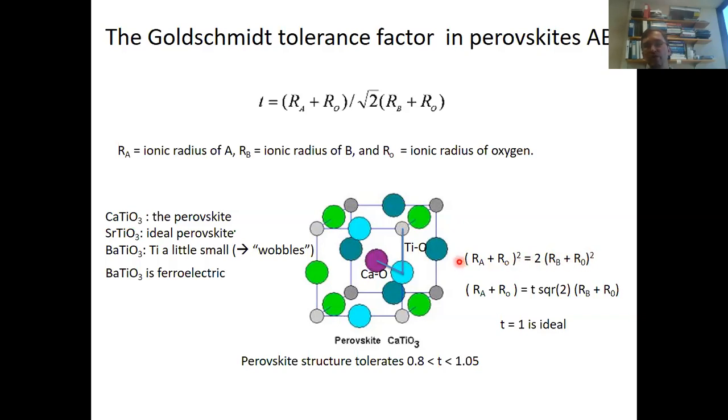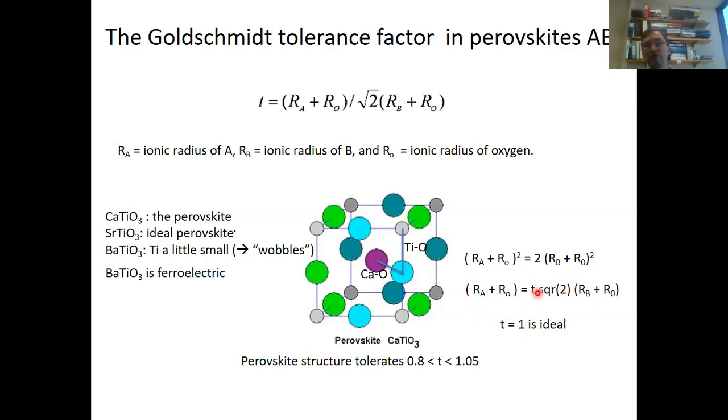So now when you take the square root of that, then this formula says that radius A plus radius O is the square root of 2 times the radius B plus the radius O. Okay? So now that would represent the ideal perovskite structure, where any factor that I would put in front of the square root of 2 would be 1.